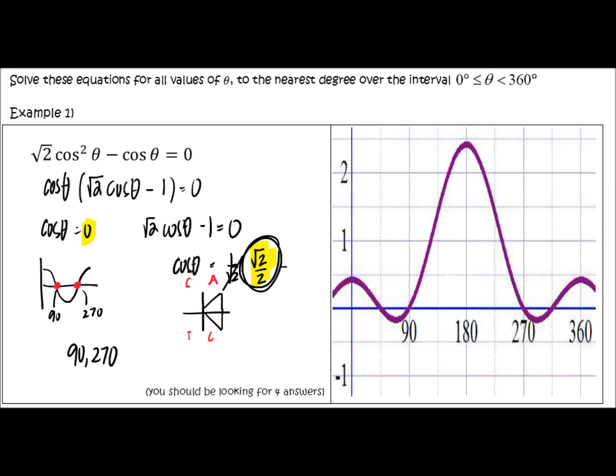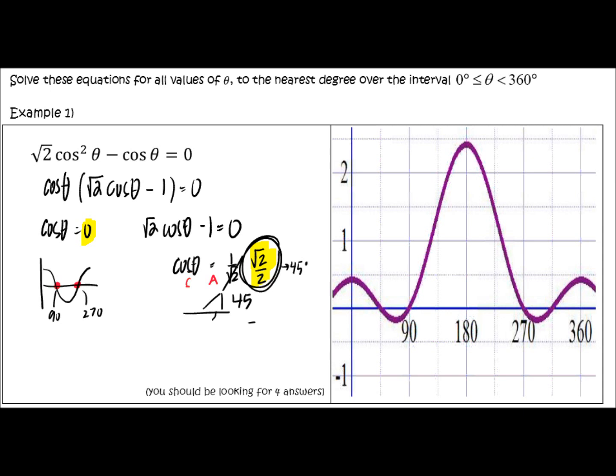So this is the 45-degree reference angle that's in quadrant 1, which is 45. In quadrant 4, 360 minus 45, or 315. So this half of the equation gives you two answers as well, 45 degrees and 315 degrees.